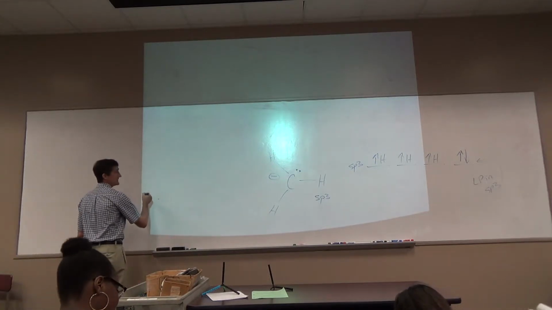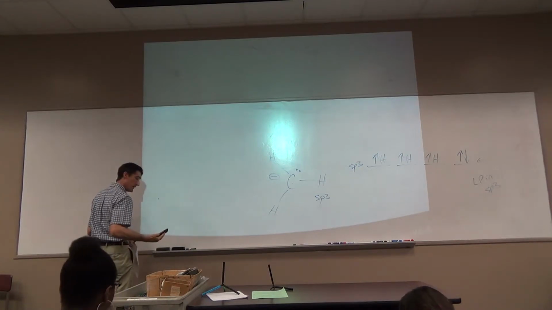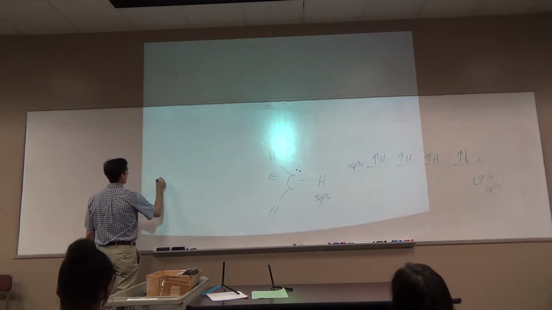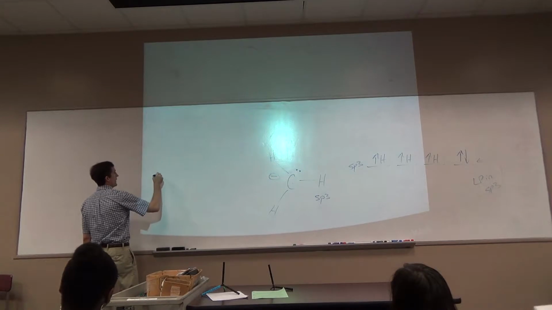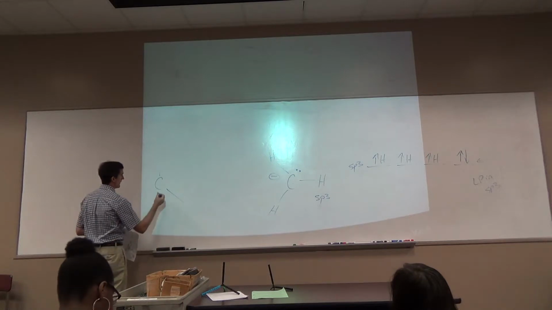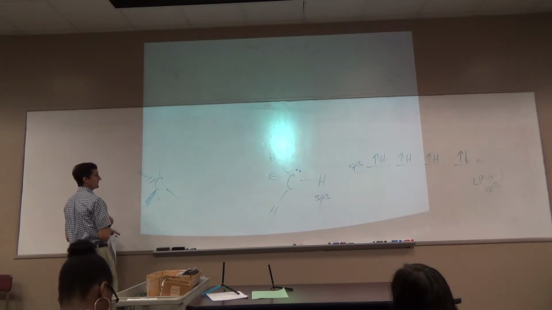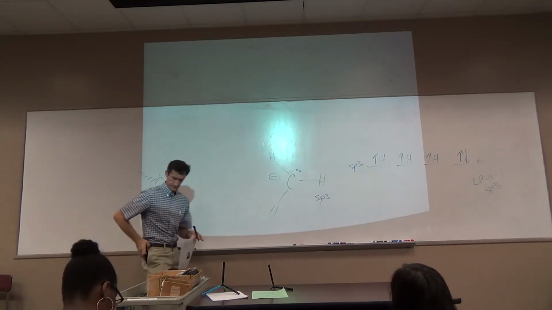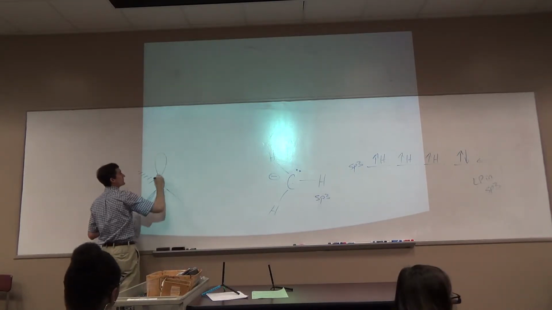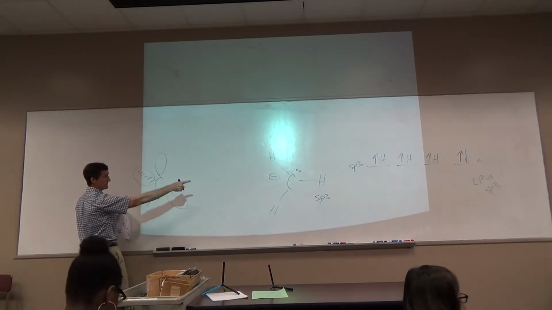Okay? So we got a carbon that's sp3. That means that we got what? We got 2 in the plane, right? 1 forward, 1 back. These are hybrid orbitals, right? Those are your 4 hybrids.